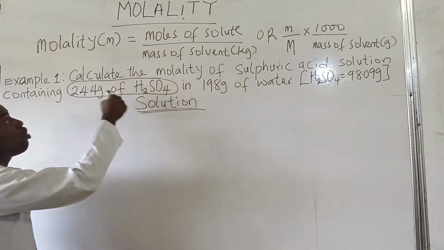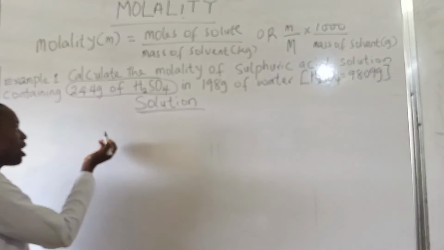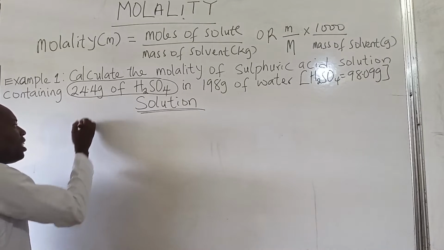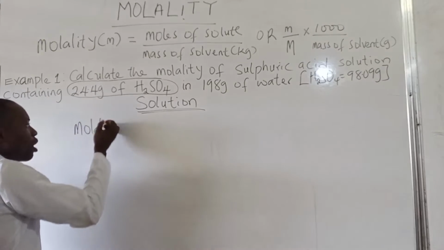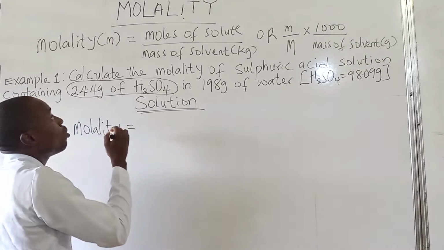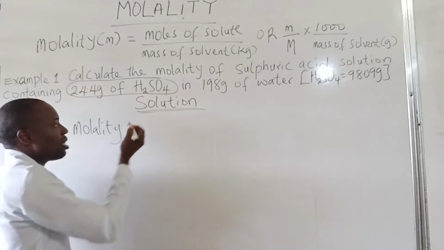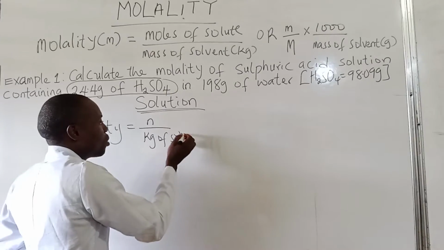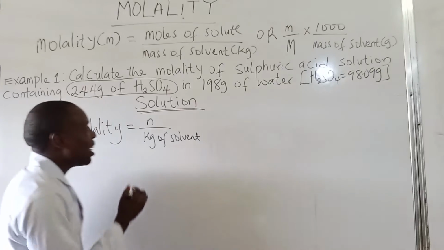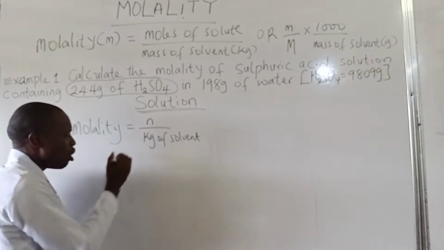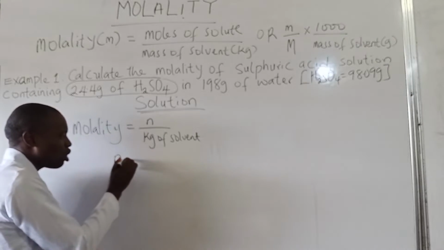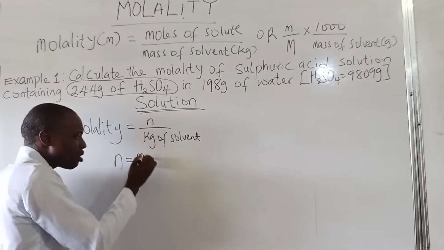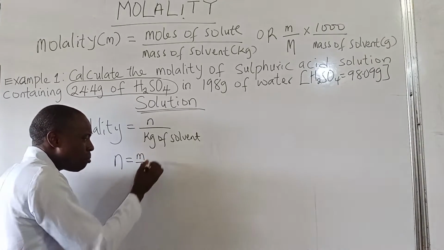You are already aware that molality is equal to the number of moles of solute, n, over the kilogram of solvent. So we have to first get the number of moles of the solute. The number of moles of the solute is equal to the mass over the molar mass.